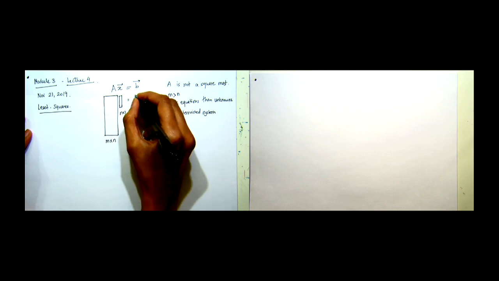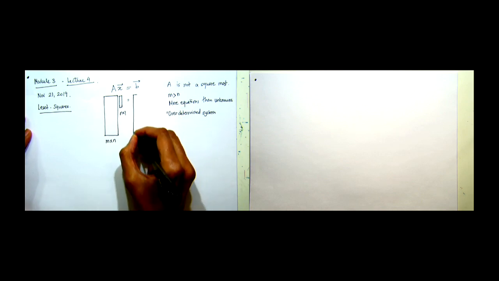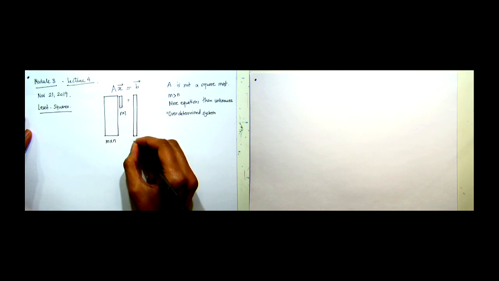Each row of A is basically a measurement or an equation, and the number of unknowns is the length of X, which is much smaller than the number of rows. So X is N by 1, and B is the output of all of the equations, so B is M by 1.